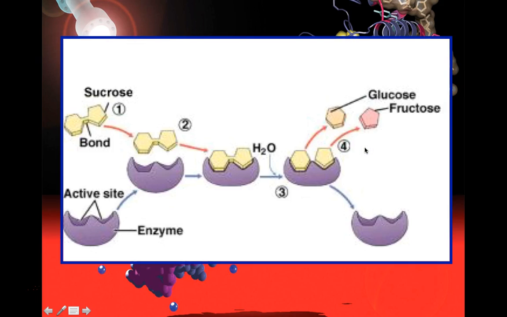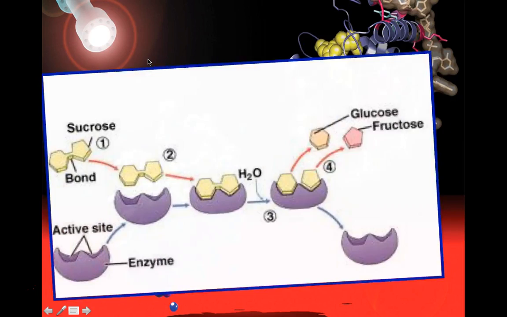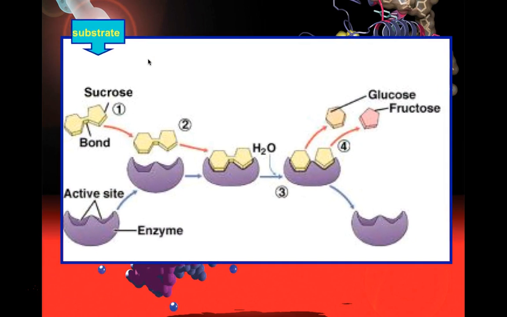This picture describes how enzymes are able to help chemical reactions move along with the help of that substrate. So here we have our substrate. Our substrate in this particular case is going to be sucrose.